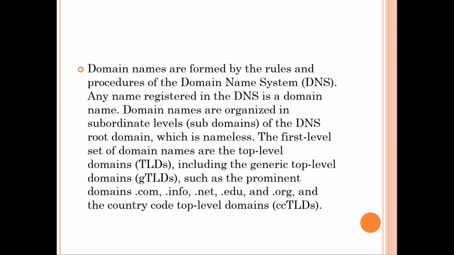The first level set of domain names are called top level domains, including generic top level domains such as .com, .info, .net, .edu, .org, and the country code top level domains, CCTLDs.